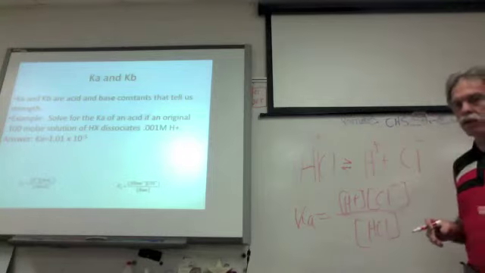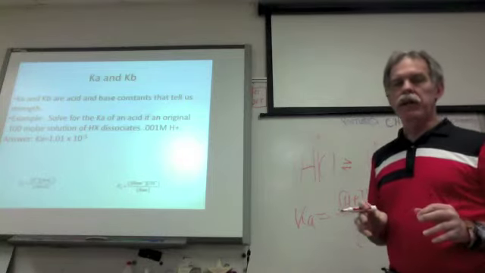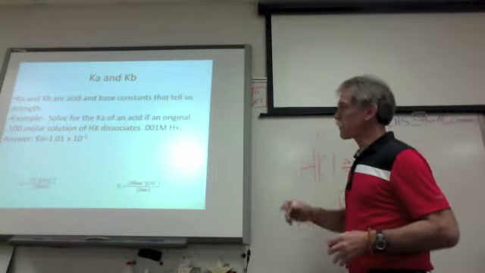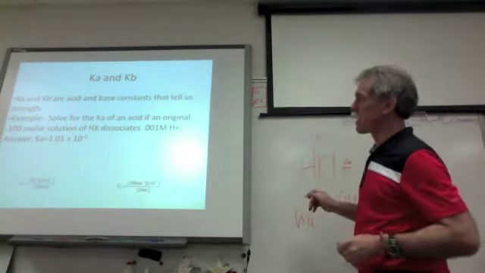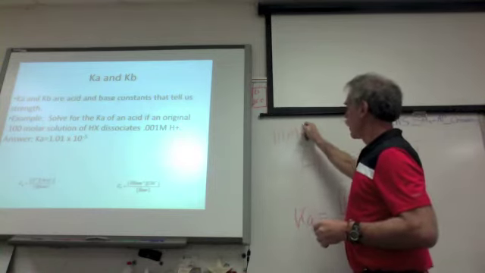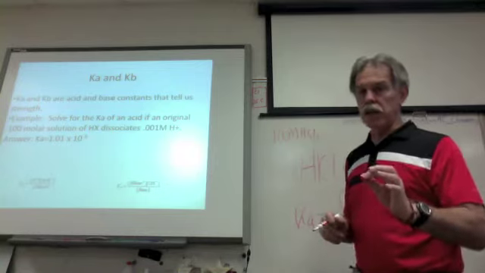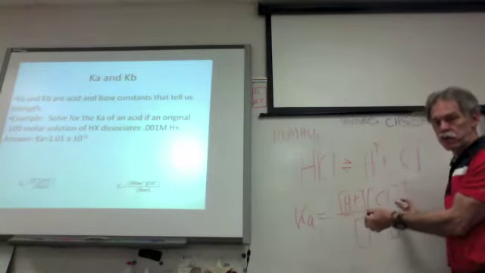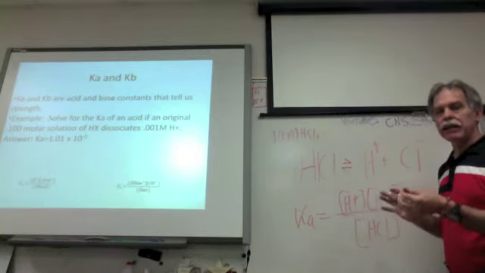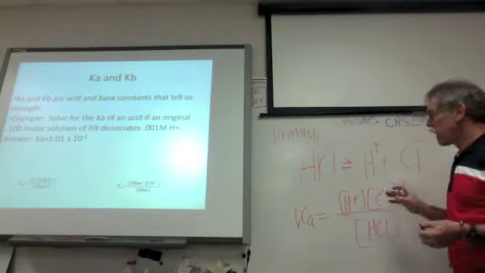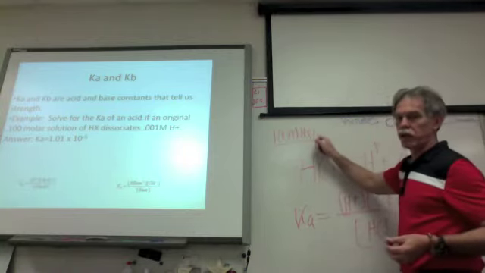The bottom number is a little bit more complicated because it's not just plugging a number in. In this example, we've got 0.100 molar HCl originally. But remember, this is a KEQ, an equilibrium statement, so it is the situation once it's in equilibrium, and not the beginning situation.